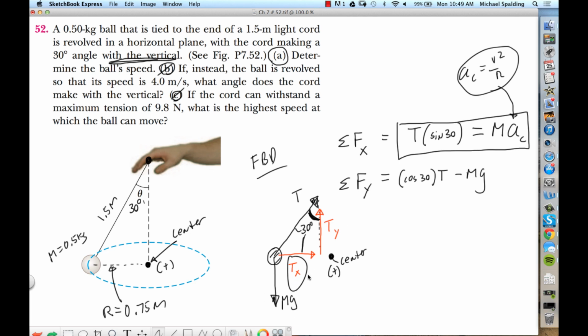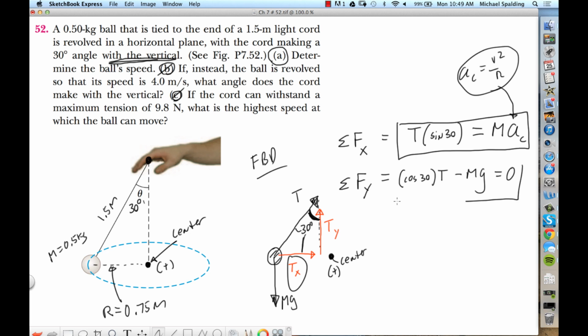Sum of the forces equals ma, but this a goes to 0. Because is there anything happening in the y direction? Is there any circle that way? No. Is there any sort of linear acceleration? No. There's no acceleration in the y, so we can set the y acceleration to 0.